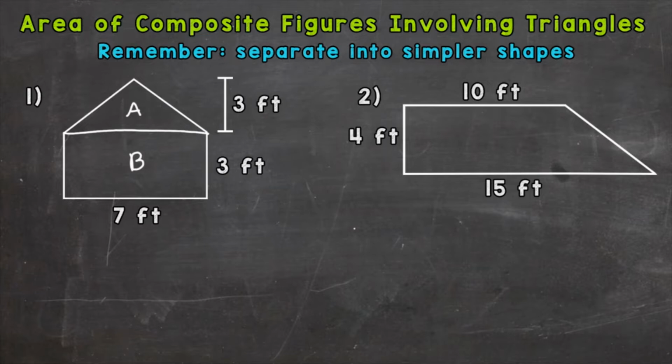Let's start with A. Our formula for the area of a triangle is area equals base times height divided by 2. You may also use 1/2 times base times height, which gives you the same answer, since dividing by 2 is the same as multiplying by 1/2.